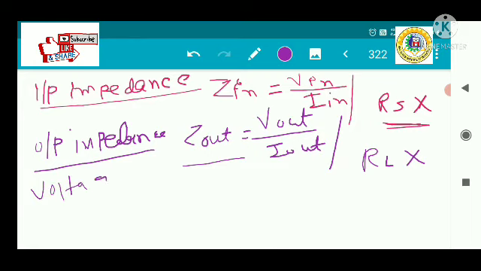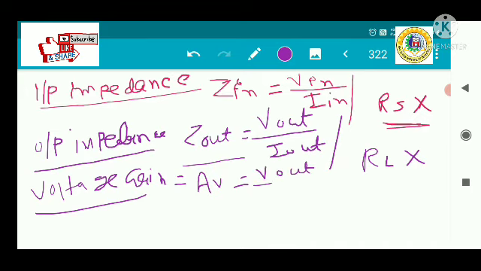There are two types of voltage gain. The voltage gain AV is Vout divided by Vin. Now Vout divided by Vin is the actual voltage gain.